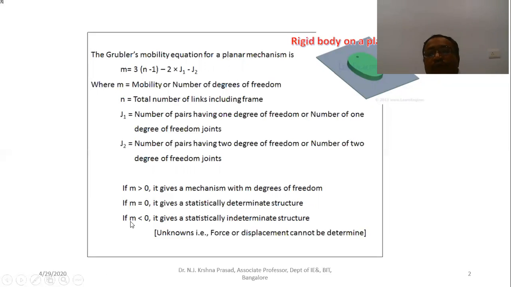If the value is less than 0, it is a statically indeterminate structure. The meaning of indeterminate structure is that the force or displacement cannot be determined.